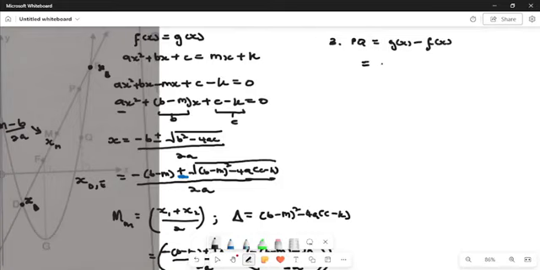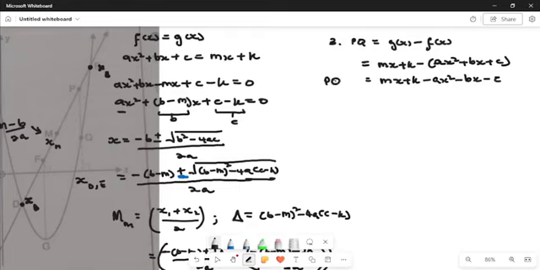So we can say that's mx plus k minus our parabolic function ax squared plus bx plus c. Let me just expand this: mx plus k minus ax squared minus bx minus c. Notice that the distance PQ, we can write as a function of x. PQ of x is represented by that function.